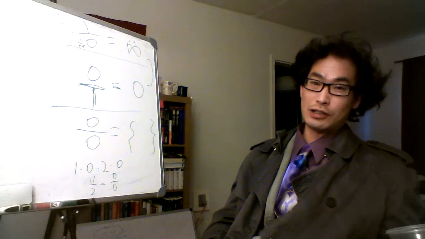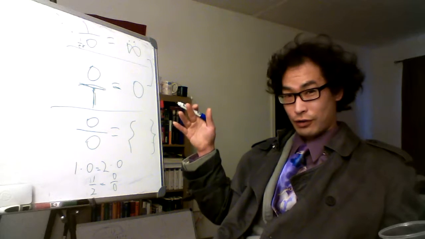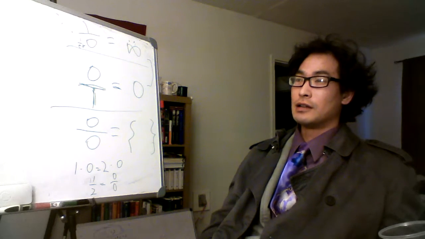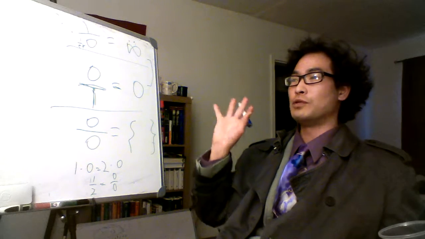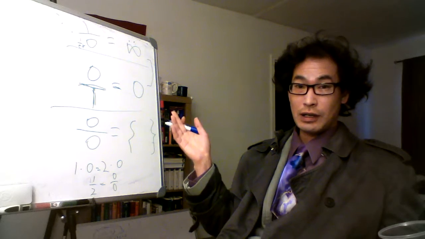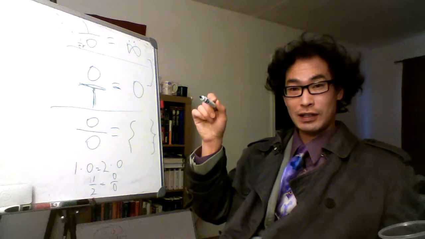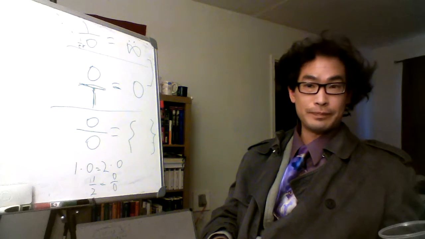Okay, so 0 disappears. But when it comes to a higher operator, yeah, 0 times 5 is 0. 0 absorbs 5. 5 disappears. 0 times infinity to the fourth degree, yeah, it's still 0.